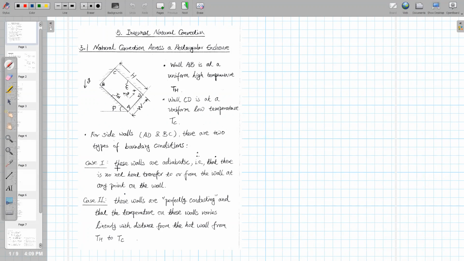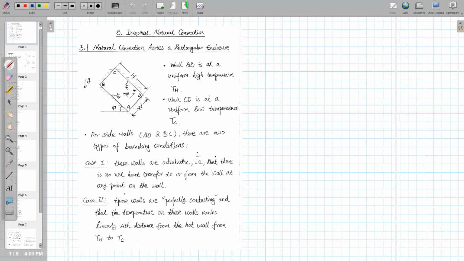The first one is that we simply consider wall BC and wall AD to be adiabatic, or thermally insulated. No heat transfer at all. So basically the temperature gradient in the direction normal to these walls is 0. This is one possible boundary condition we can use.